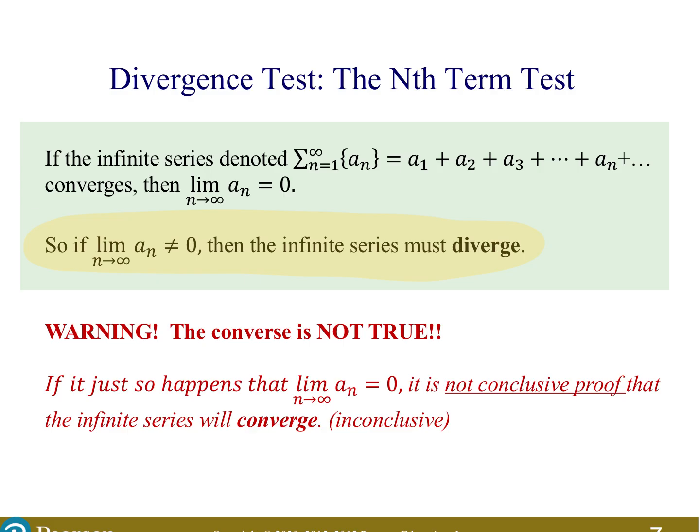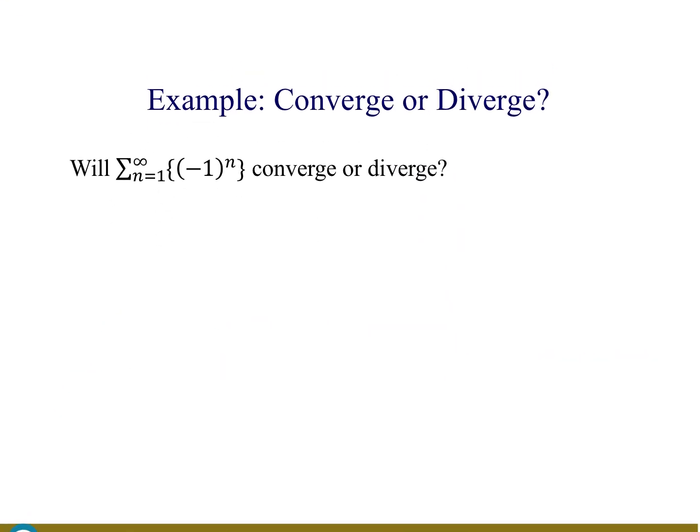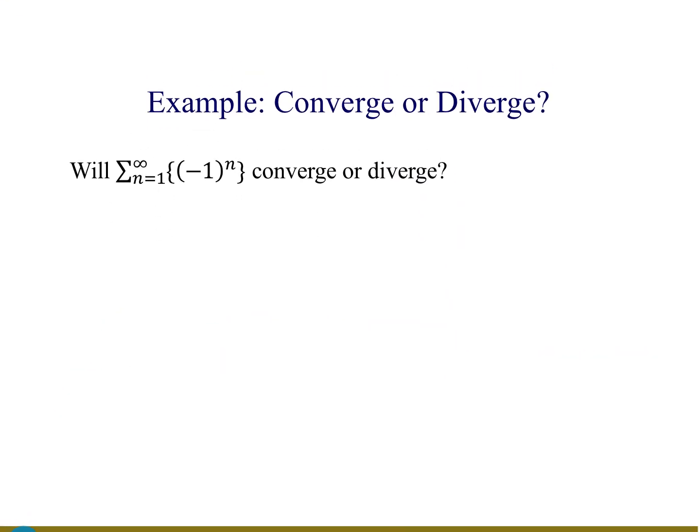Let me show you, so I'll switch back to your notes. Will this converge or diverge? All right, that is the question. So we're going to apply the nth term test.